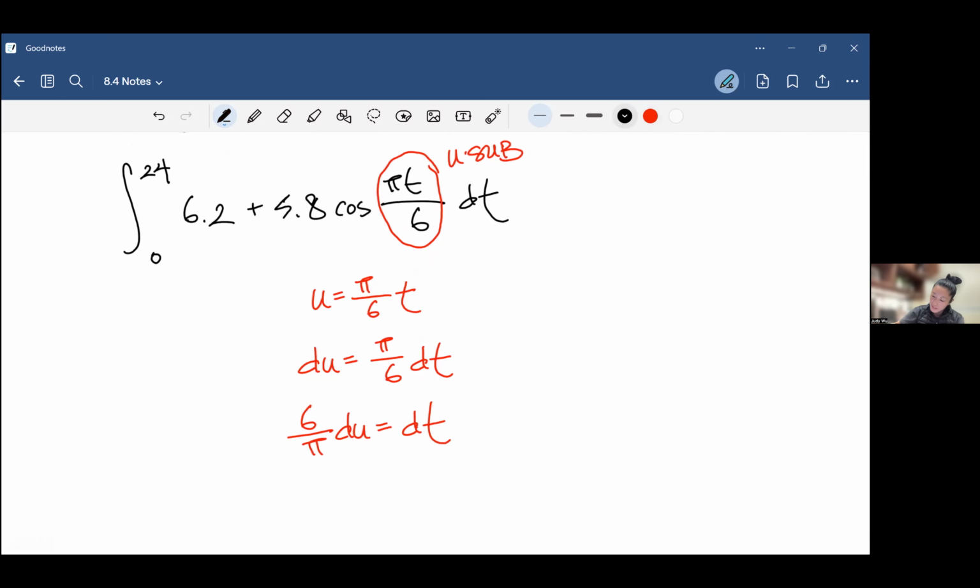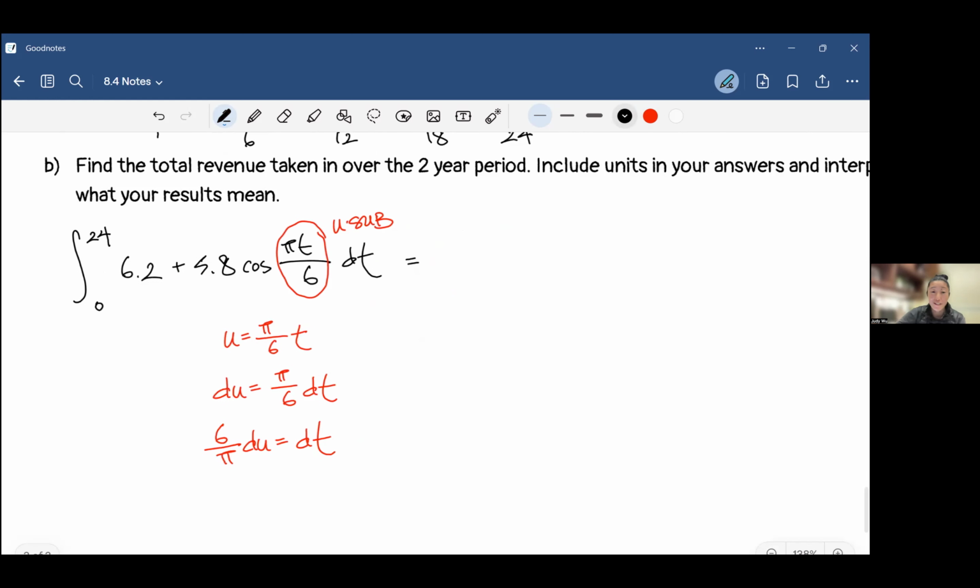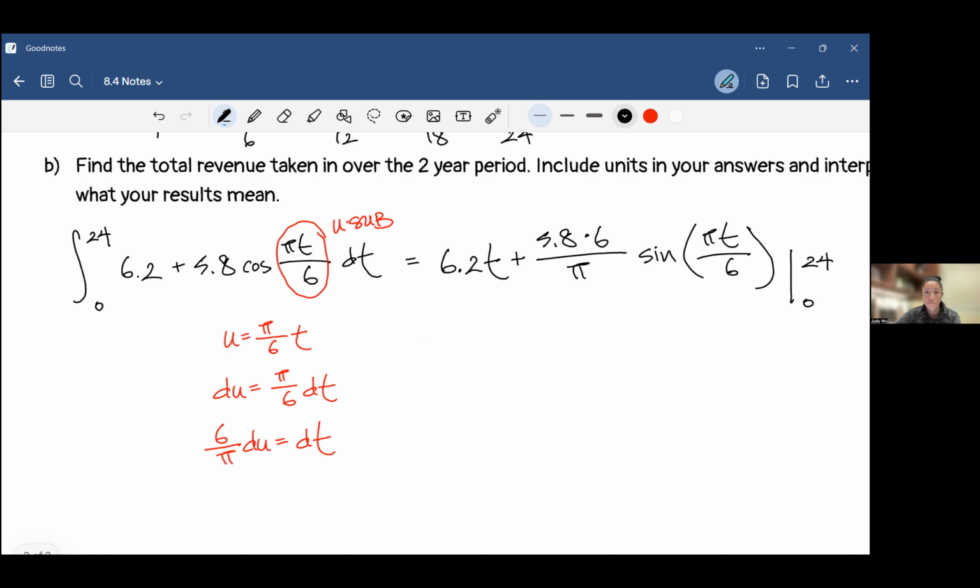Okay. All right, let's integrate. The integral of 6.2 is 6.2t plus, let's see, 5.8 times 6 over pi. The integral of cosine is sine of pi t over 6. And I'm going to evaluate that between 0 and 24.